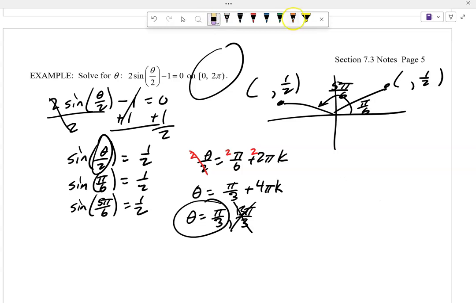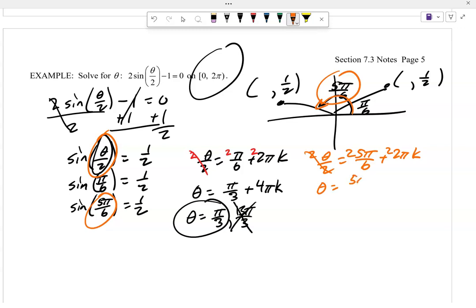Now let's go to the next one here for the 5π/6. So θ/2 equal to 5π/6 plus 2πk. Multiply everybody by 2. And so we got 10π/6, or 5π/3, plus 4πk. That'll give me all solutions. Let's let k be 0.